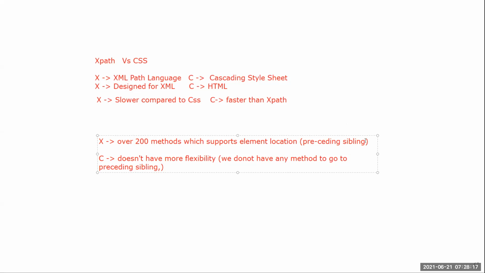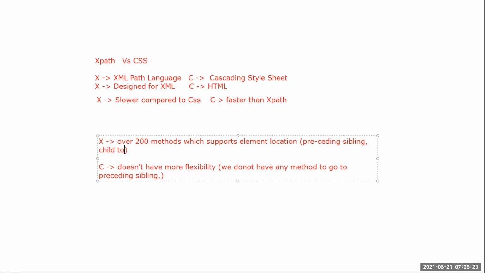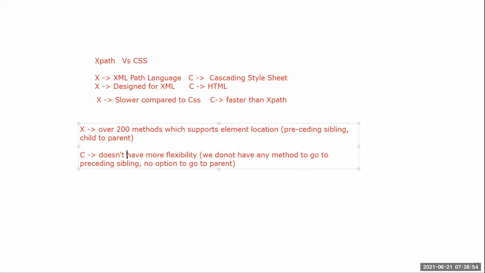Another example why we go for XPath is that here we can go from child to parent, but here there is no option to go to parent. Now you tell me which one is more flexible, which one has more options. XPath only, right? Obviously. You're getting my point? XPath has options to go to preceding sibling or from child to parent, whereas CSS does not have that flexibility.